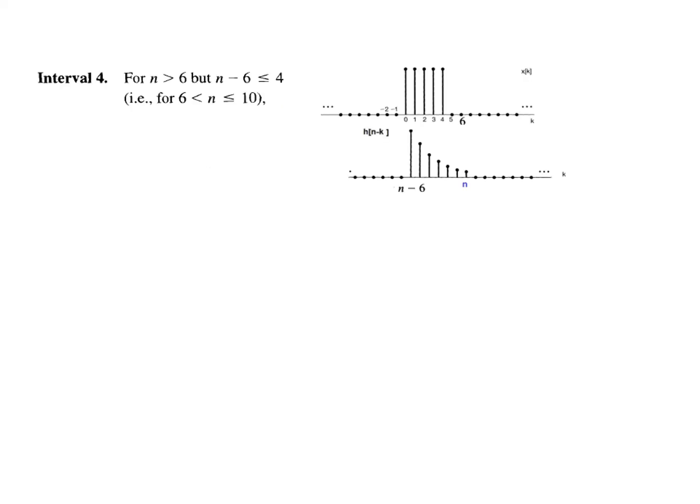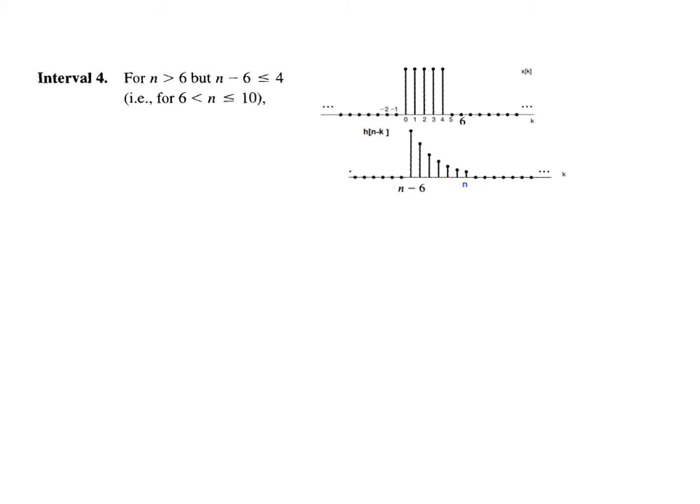And now the fourth scenario change is when n crosses 6, then you can see this has now moved inside xn. So some portion is not covering now. So this is the fourth scenario, and this is for n greater than 6, but n minus 6 less than 4.